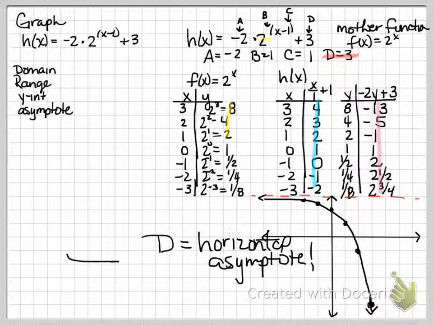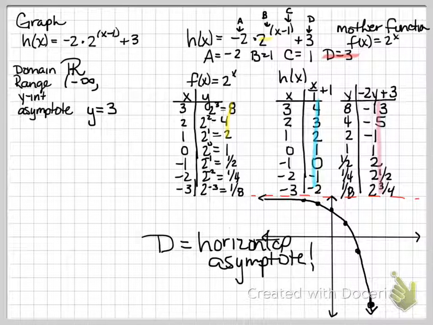So let's figure out our information. Oops, sorry about that. So I know my asymptote is at y equals 3. The domain of an exponential is all real numbers. The range is going from negative infinity up to 3.